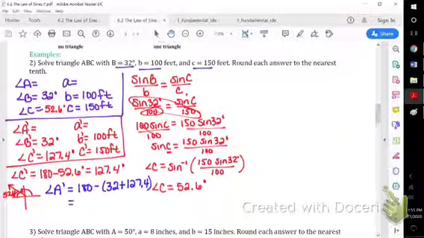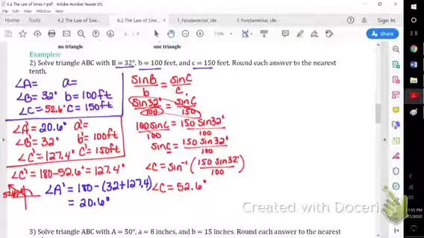And so we find that angle A is equal to 20.6 degrees. Because that is positive, that means I do have a second triangle there. Now I'm going to go through and finish solving both of the triangles just like what we did in example 1.